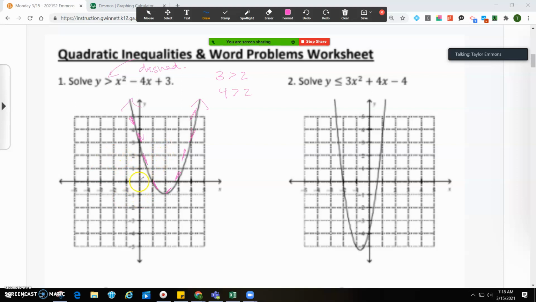I always like to plug in 0, 0 because it's really easy. I'm going to check and see if the point 0, 0 works for this statement. If it's true, I'm going to shade towards 0, 0. If it's false, I'm going to shade away from 0, 0. So I'm going to take the point 0 and plug it in for my x's, and 0 and plug it in for my y's.